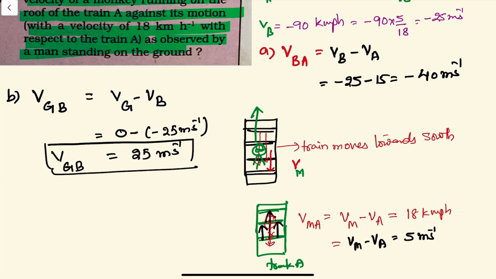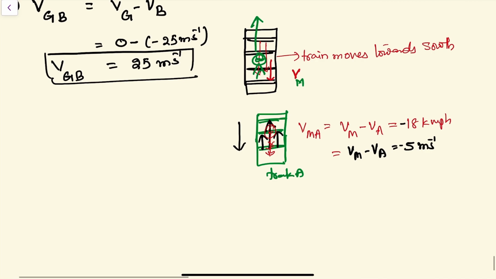What is the direction of the monkey? The direction of the monkey is downward. Shall I put a negative sign? This is negative. Okay. Now Vm minus Va is equal to minus 5 meters per second.